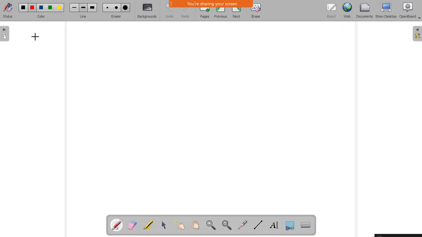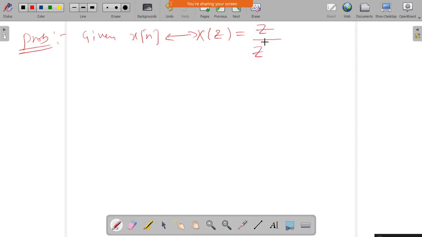Now, so we will see, given a Z transform, how to apply the properties. So take this problem. This type of problem will also be asked. Given that x of n has its corresponding Z transform x of z, which is given by z by z square plus 4.